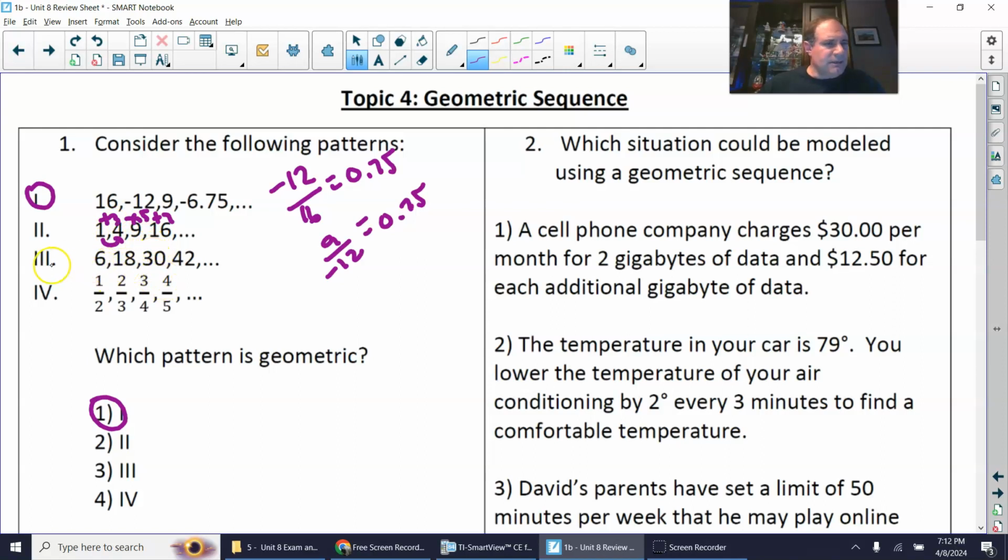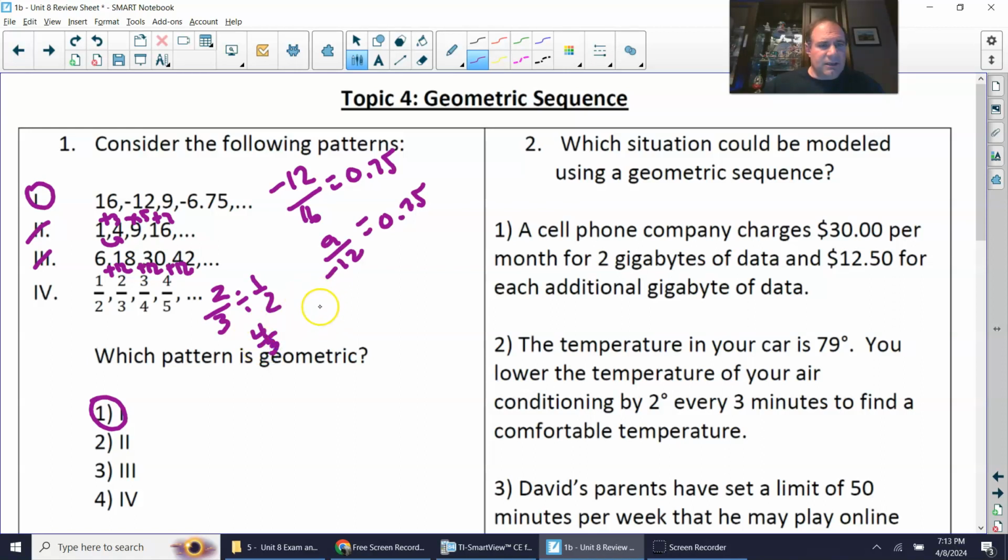Right? So that's out. And then plus 12, plus 12, plus 12. That's not geometric either. This one is being multiplied, but it's a different multiple. So if you did 2 over 3 divided by 1/2, you would get 1 1/3, which is 4 over 3.